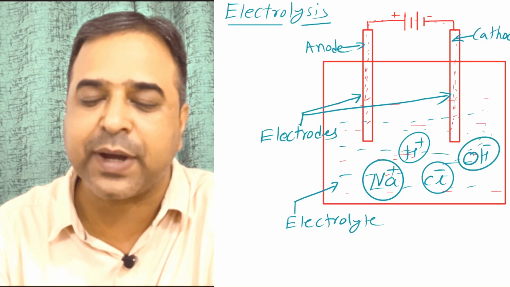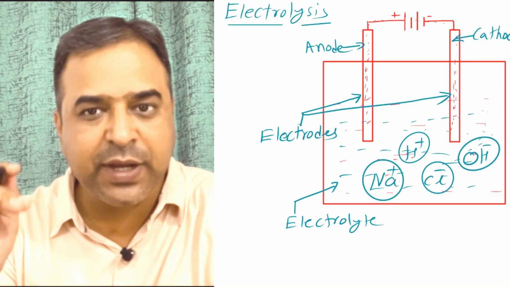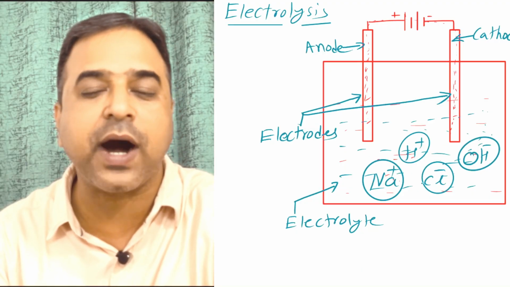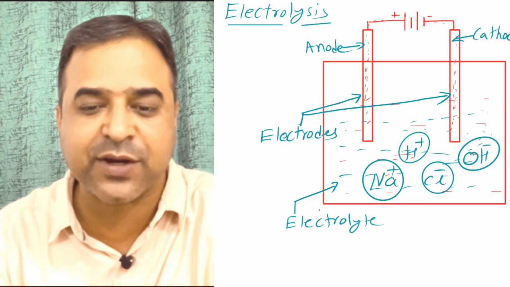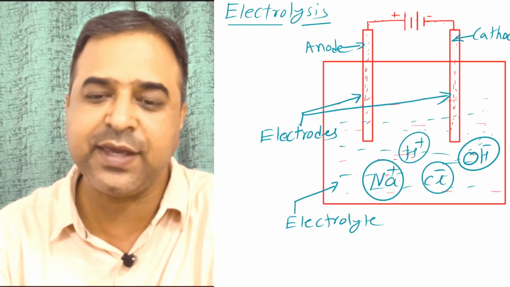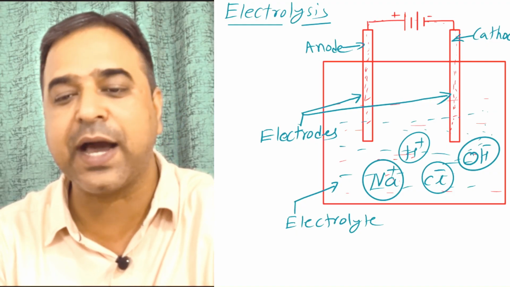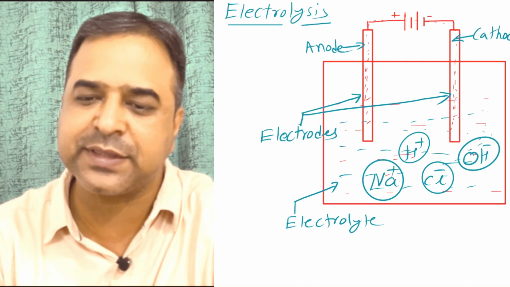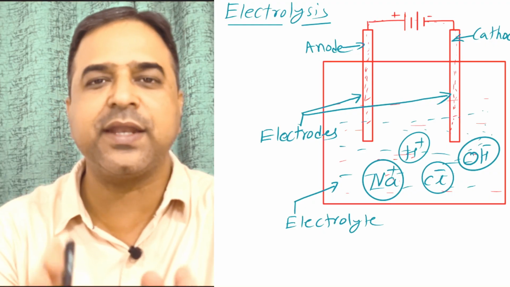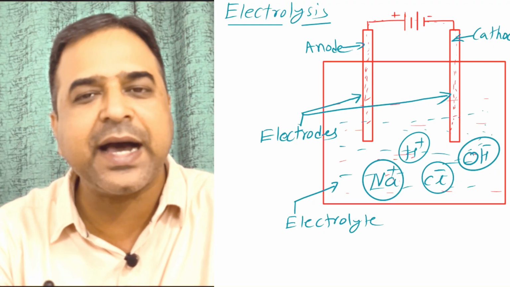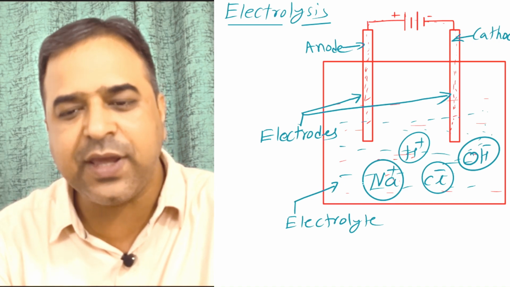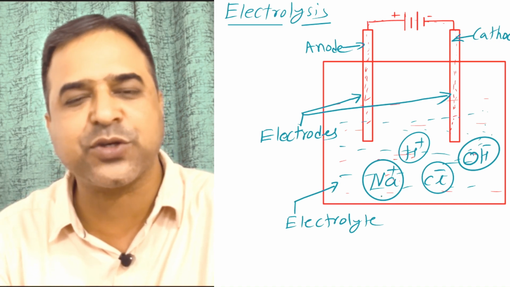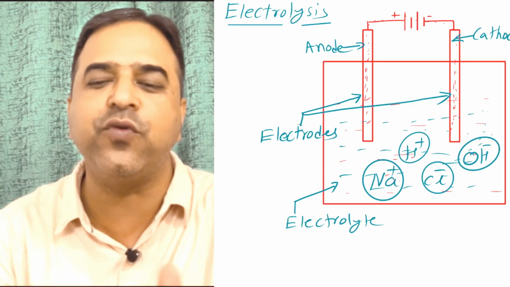So in total there are 4 ions present if this electrolyte is a solution of an ionic compound. Remember one thing: only in the form of solution are these free charged particles, or ions, able to move.